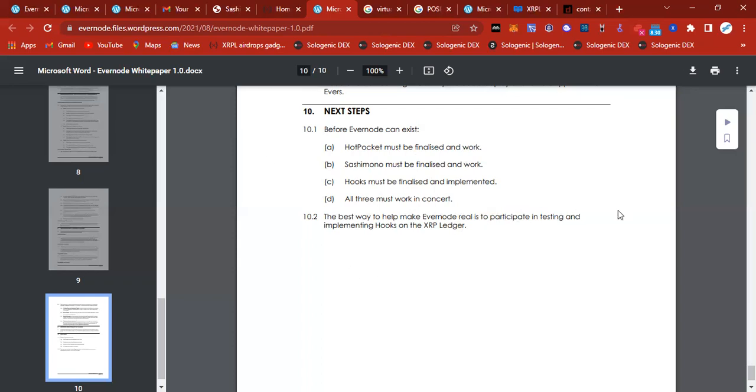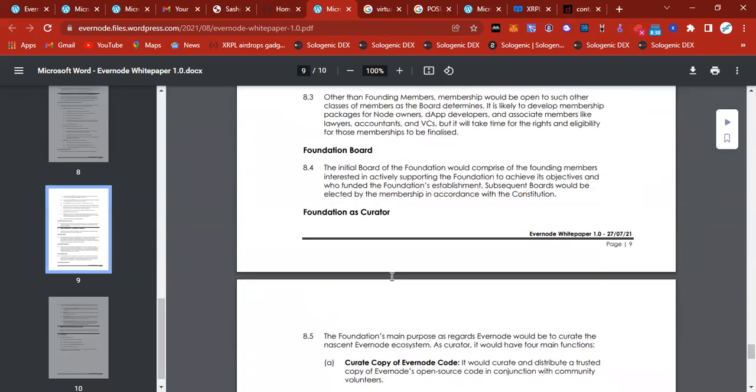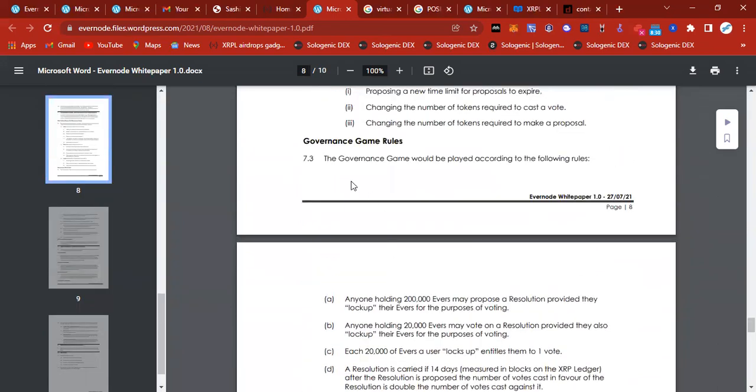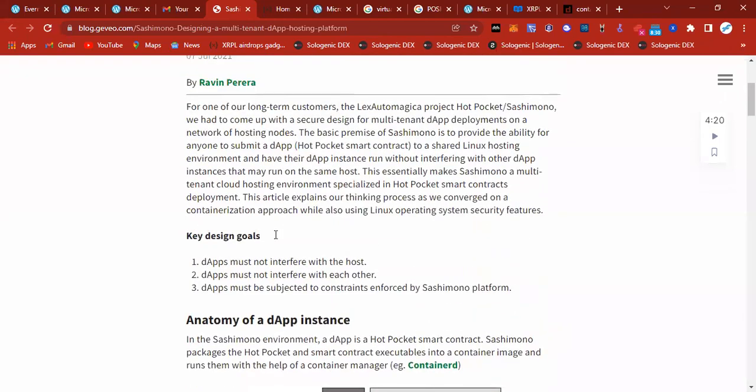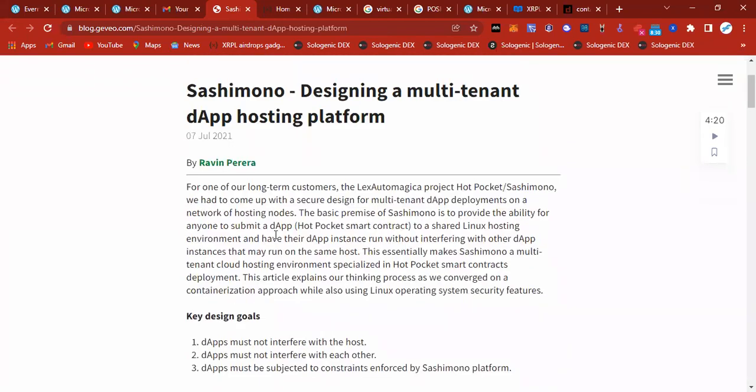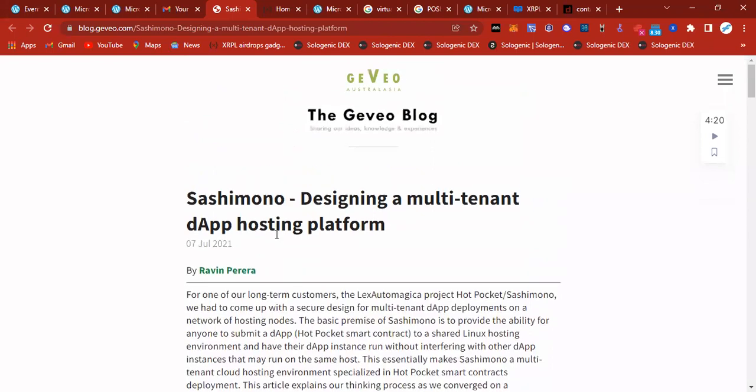We will be updating everyone on this new, very intricate and detailed project on the XRP ledger. I will be breaking down the different parts in detail, like the anatomy of Sashimono and HotPocket myself.